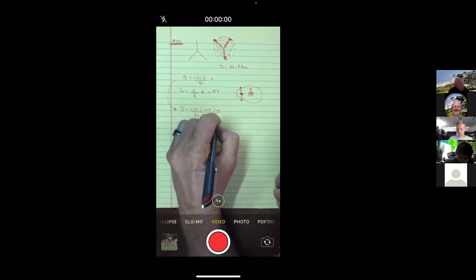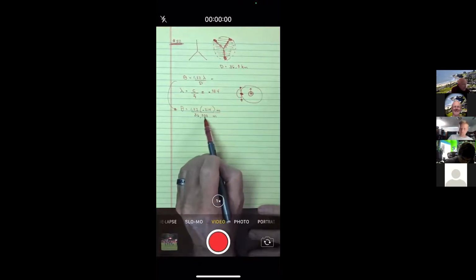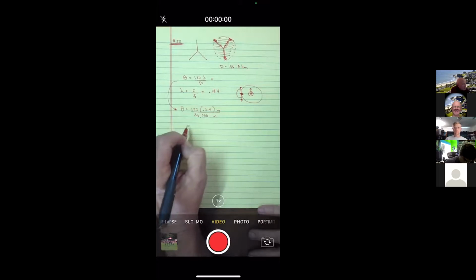So I'll put them in meters. The 21 centimeter line would be 0.21 meters, and the 36 kilometers would be 36,000 meters.